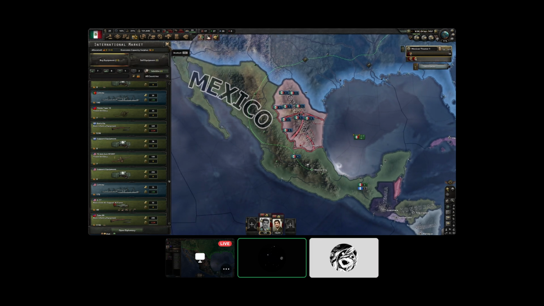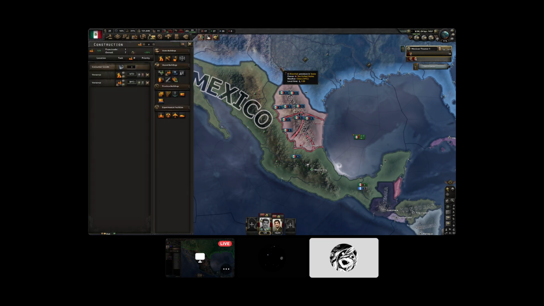Construction. Okay, well, you had 5 to buy stuff with, I guess, and you just put 3 on buying equipment. But, whoops.